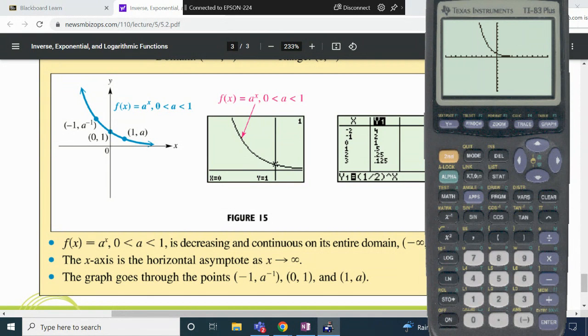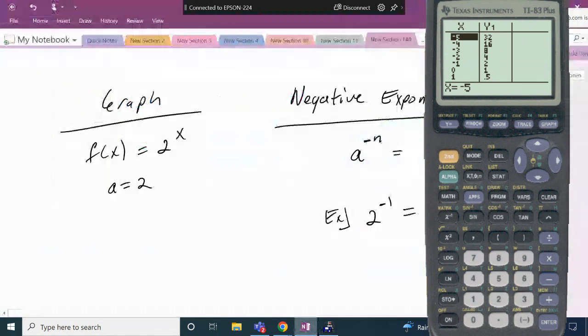Okay. And if I were to just check our points, I'm going to go back in the table. All right, so we see the point -1 comma a to the negative first power.